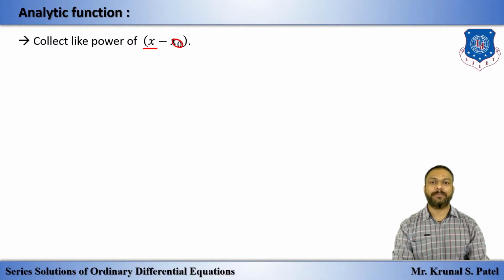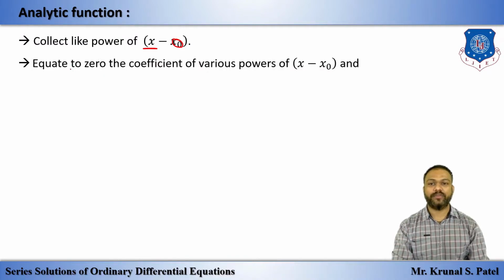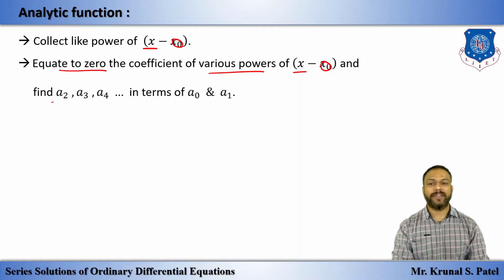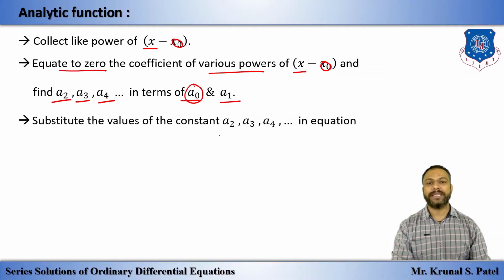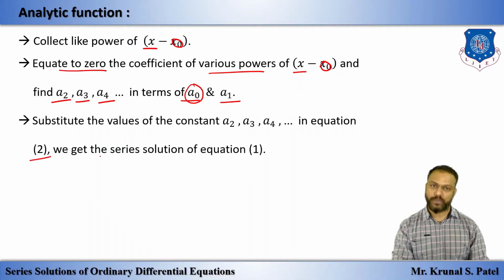Then equate to 0 the coefficients of various powers of x, because we have this as 0, and find the values of a2, a3, a4 and so on in terms of a0 and a1. In some examples we have it only in terms of a0. Now after getting all these values, just substitute them in equation number 2, that means in the trial solution, and we will get the final series solution of equation number 1. This is the step that we have to remember.